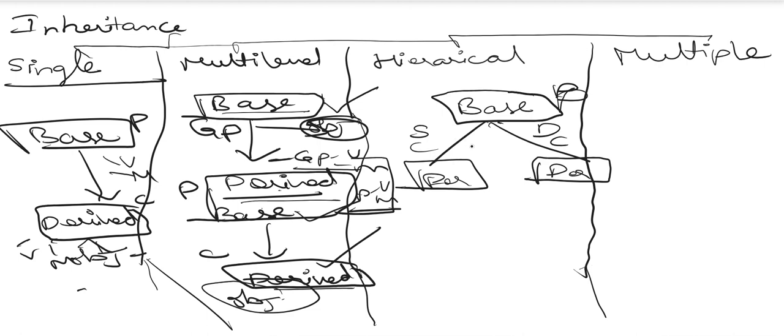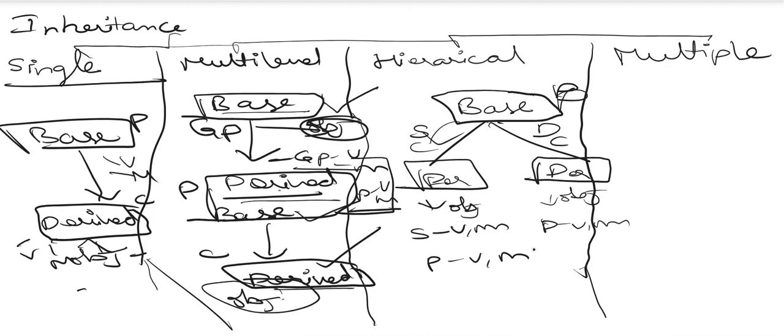This is an example of hierarchical inheritance. If we create an object for the son, we can access the son's variables and methods and the parent's variables and methods, but we cannot access the daughter's, because he acquires only the parent's properties. If we create an object for the daughter, we can access the daughter's variables and methods and the parent's. This is hierarchical inheritance.